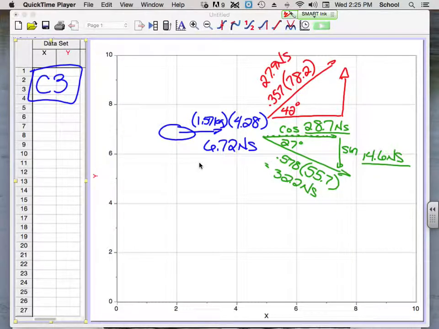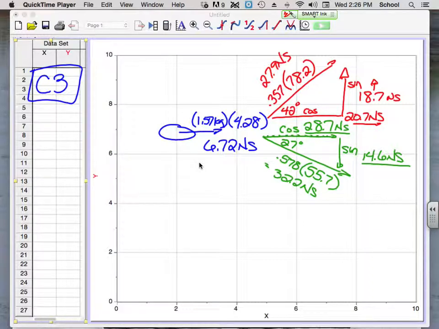So again, over here we're going to use cosine, over here we're going to use sine. So I end up with 20.7 going that way, and we end up with 18.7 going that way.